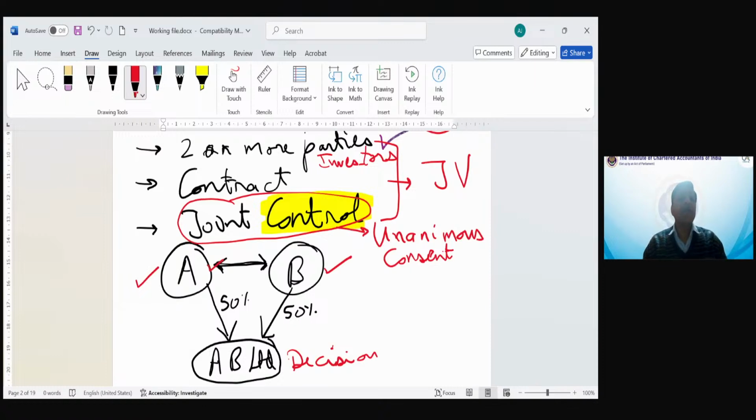The decision cannot be taken. This is what you call as joint control. Okay, so this is what you call as joint control.